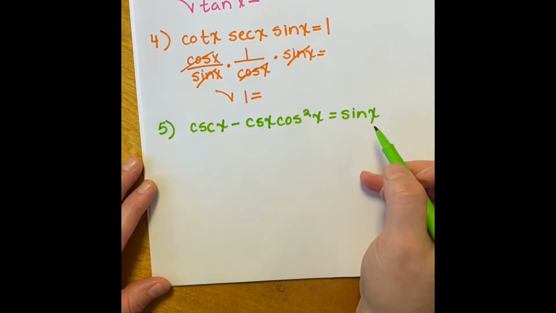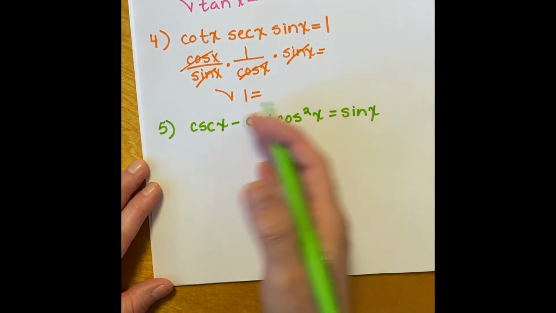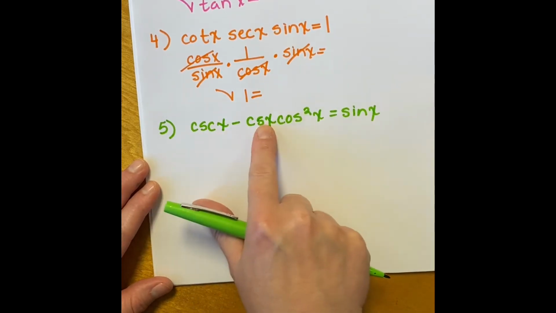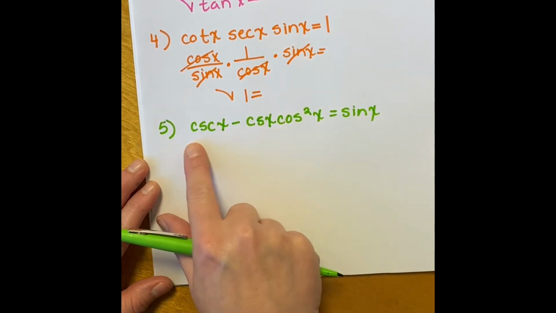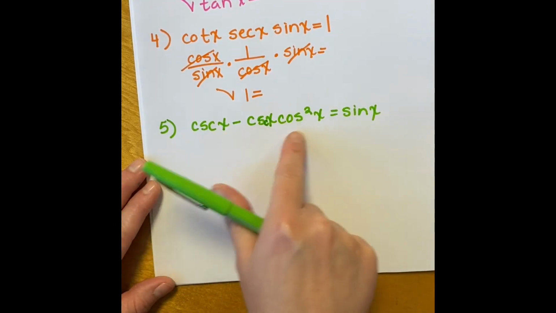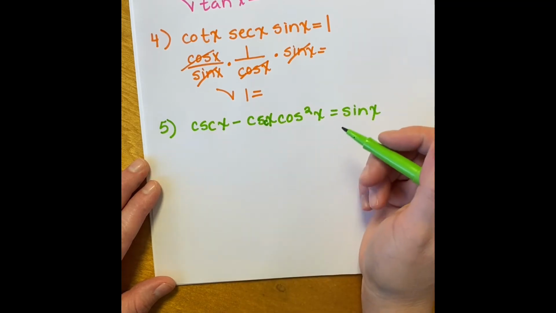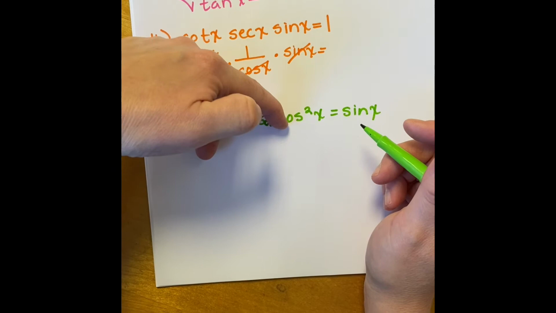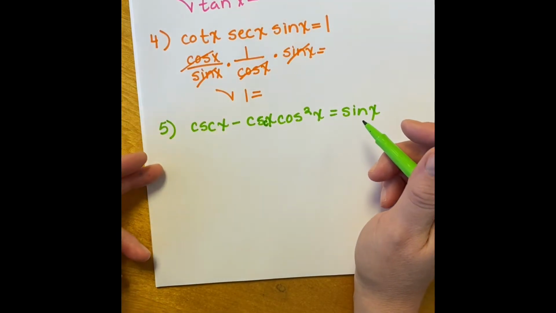So all I want is sine, and I got lots of stuff that's not sine. I noticed that both of these terms have cosecant. So what I can do is factor by distributing. You remember back in the day in algebra how you could pull out a 2 or something like that?